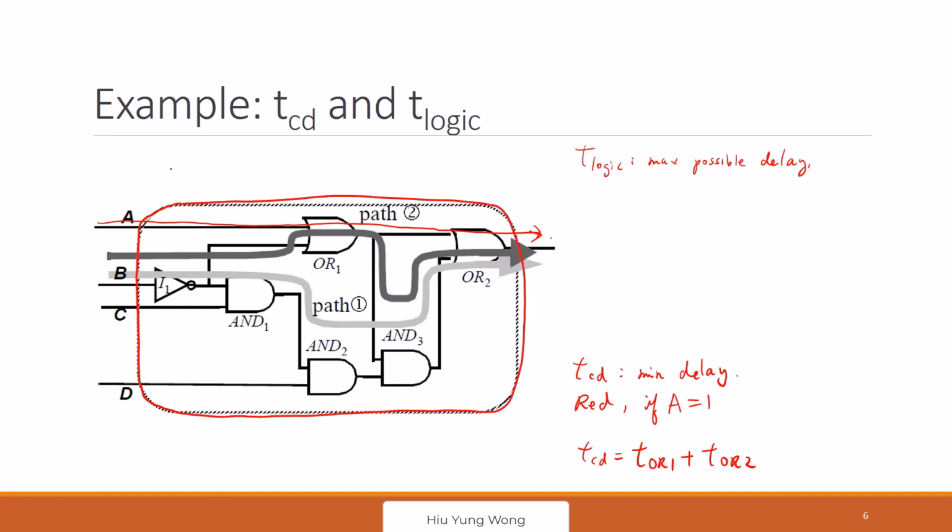This is the combination logic. We are finding the TCD and T-logic. We are finding these two values for this whole block. Yes, each of them has this, but at this moment, I only care about this whole block because this one might be sandwiched by a register.